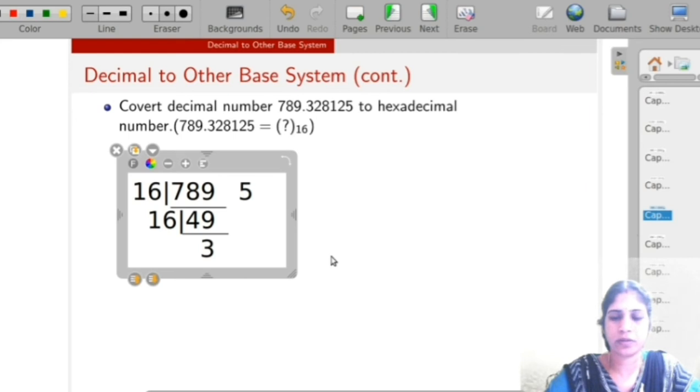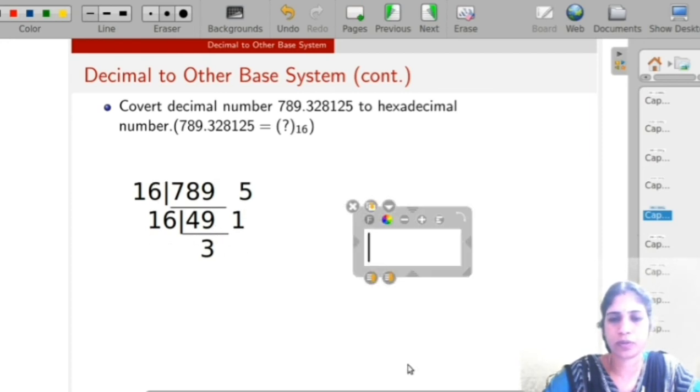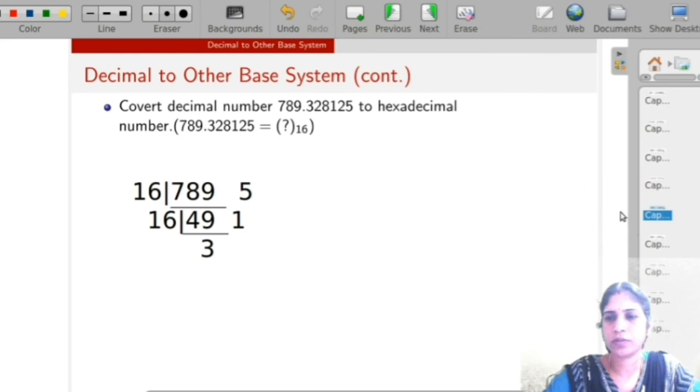So the remainder is 1. Here the quotient 3 is less than 16. So we stop the process, and we take the remainders from bottom to top, that is 315. 789 is equal to 315 base 16.